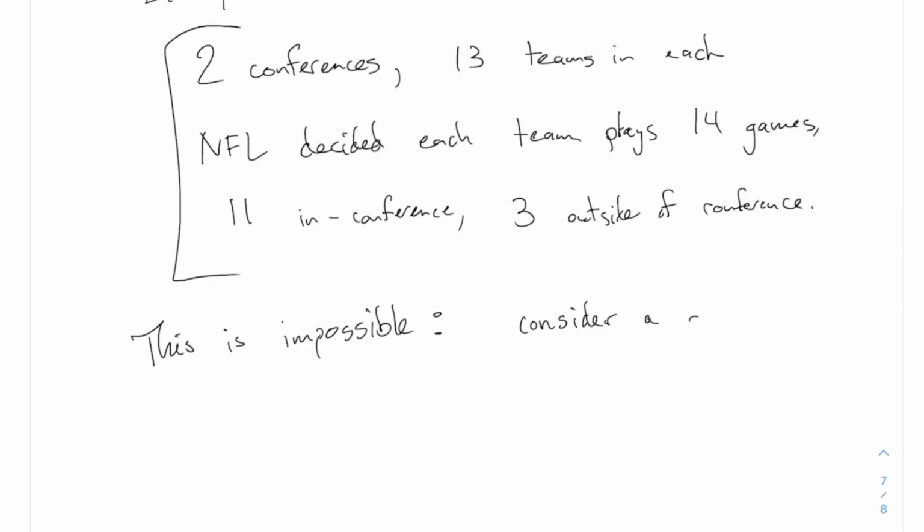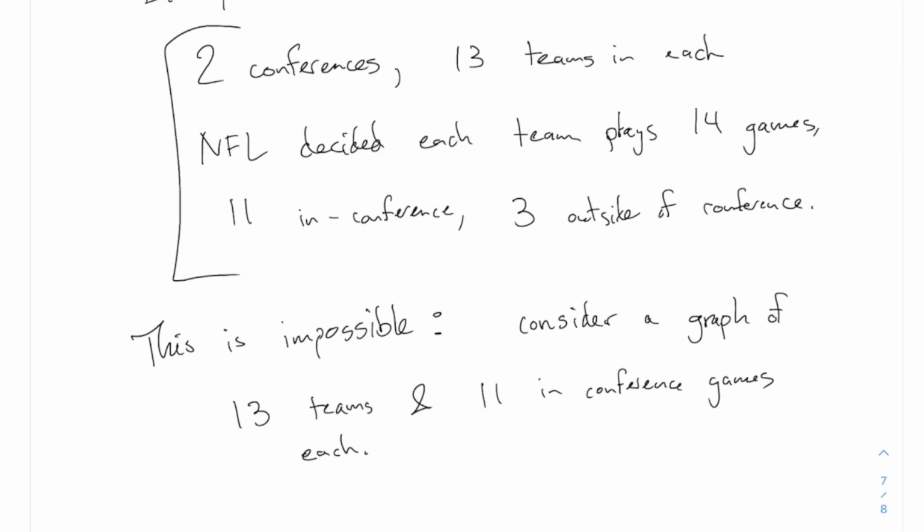So consider a graph of the 13 teams in a conference and 11 in-conference games each. Right, so you make your graph with the 13 teams and then you put an edge between any teams which are playing against each other in a game.